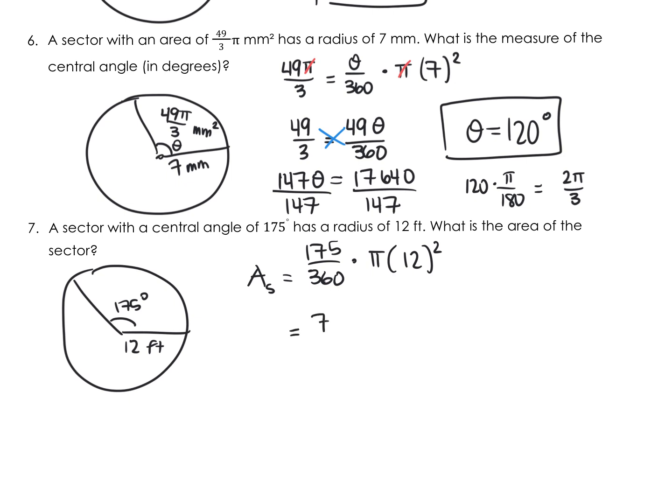This gives me 70 pi feet squared for my area, which as a decimal is about 219.9 feet squared.